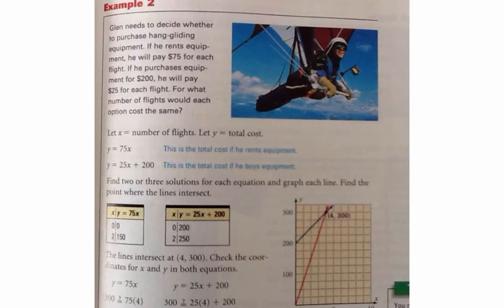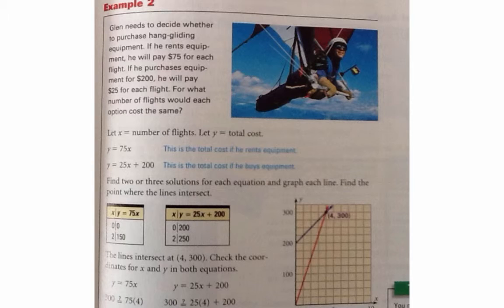And then the second example, across the page if you're in your book, they do that same sort of thing, except now instead of giving you the data table, they give you a graph. And it's hang gliding. Basically they're saying for hang gliding, is it cheaper to rent equipment each time you go, or is it cheaper just to buy your own equipment and then go? So they give us that you could pay $70 per flight if you rent equipment, or you could pay $200 for equipment, and then they only charge you $25 each time you go up.